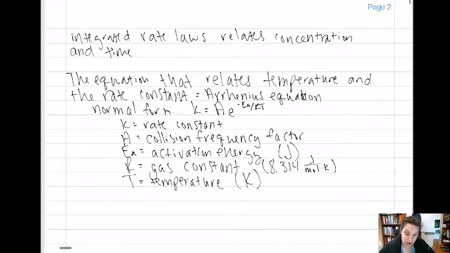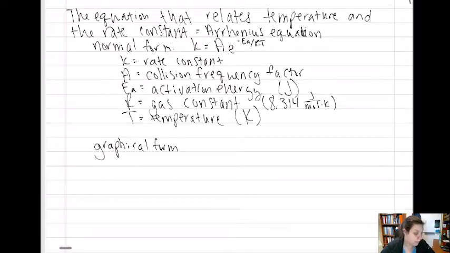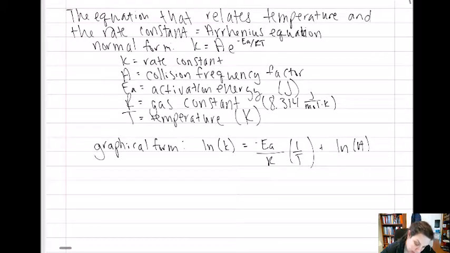So, taking our normal form of our equation and we do some math, we get our graphical form, if you will. So our graphical form of the Arrhenius equation is ln k is equal to negative Ea over R times 1 over T plus ln A. So our ln k is our y.